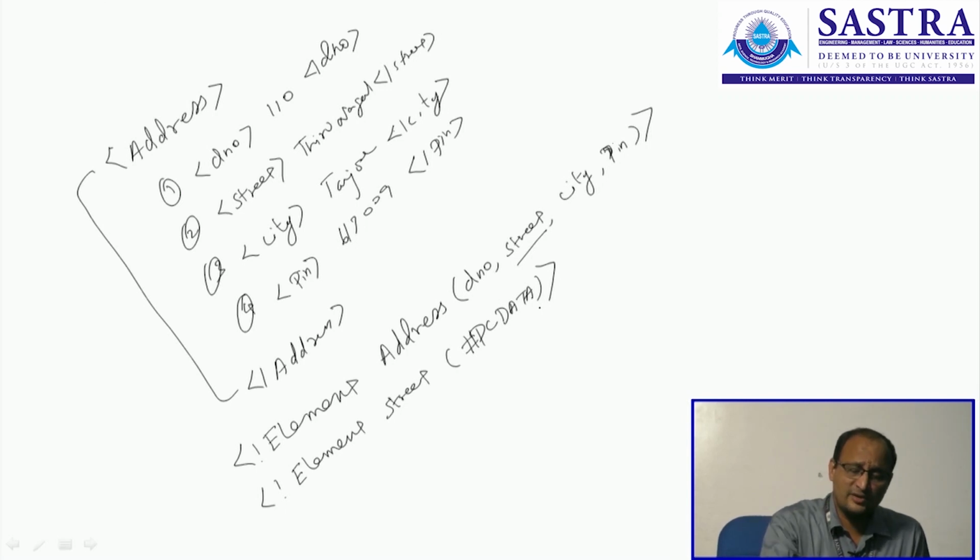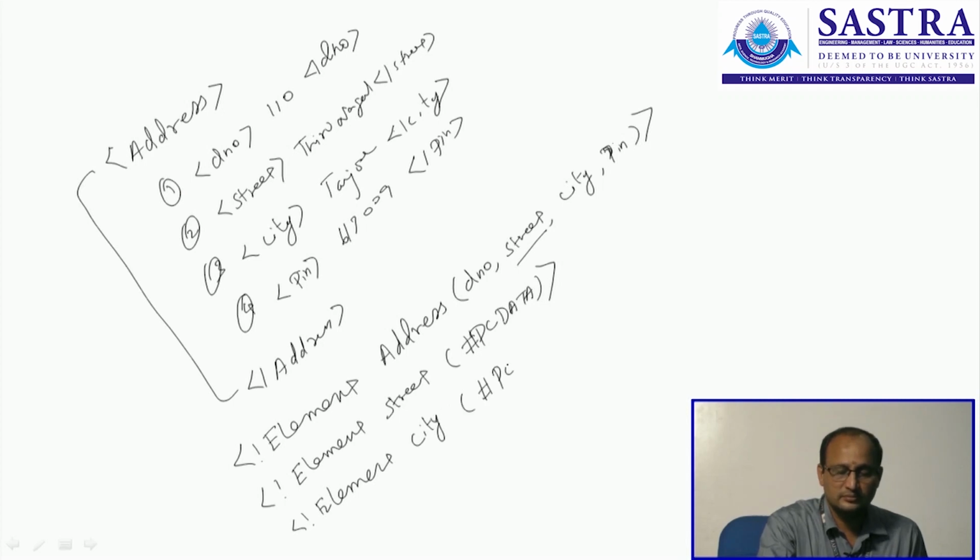Look at there, I have defined the street first, then second city, this is the way you can define any element. No need to have any sequence for definitions.